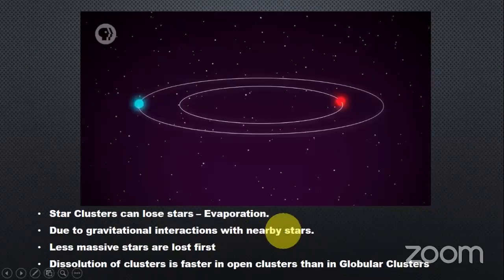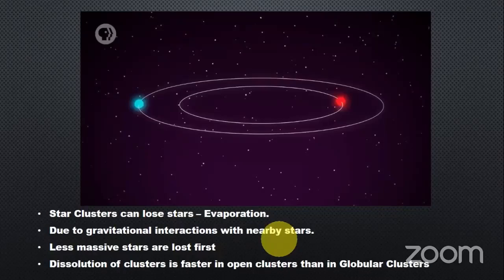Now, in star clusters, the less massive stars are tossed away first. Even if you have double stars that have planets in them, just like in a three-body problem, the movie called The Three-Body Problem, you see that the orbit of the planet cannot be predicted, because of this issue.